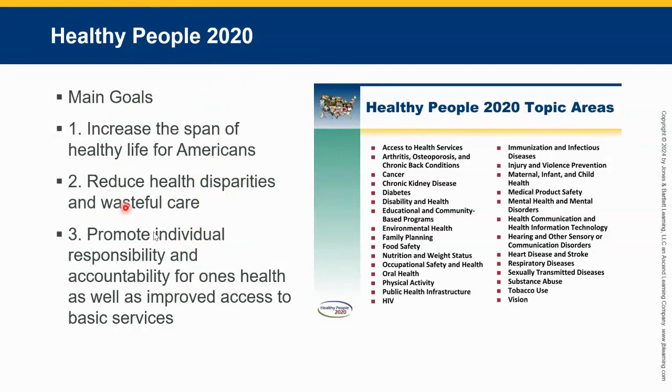And wasteful care. And number three, promote individual responsibility and accountability for one's health, as well as improved access to basic services. So improve their own individual responsibility for accountability and their ability to have access to some basic services.